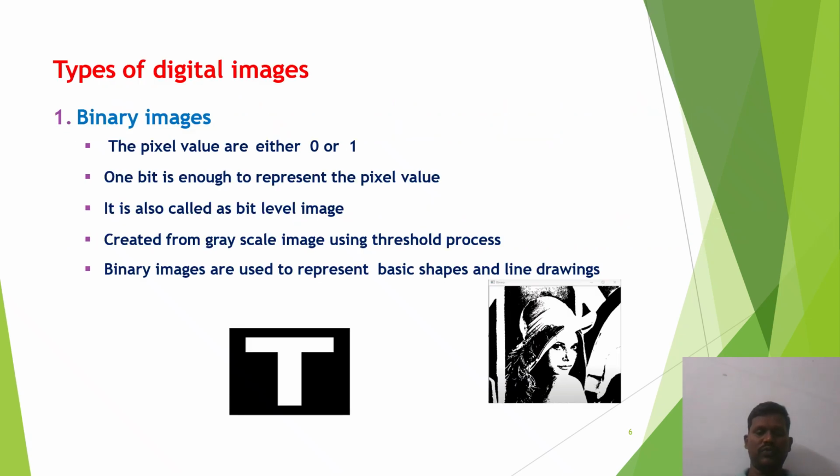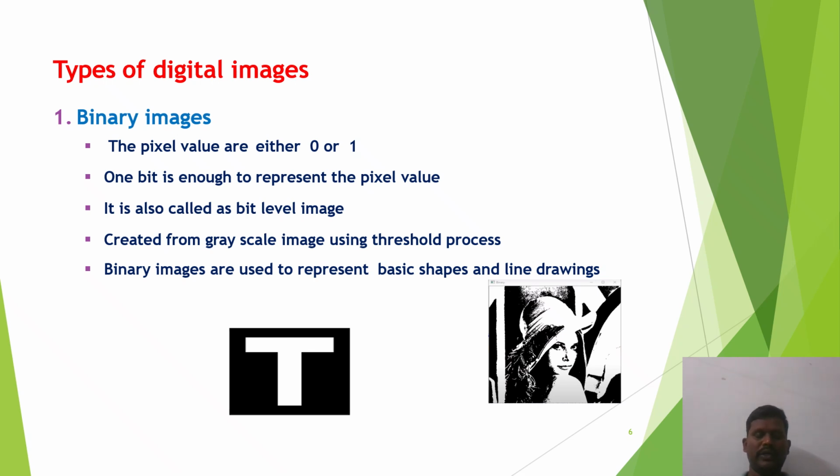First we go with the various types of digital images. The first is the binary image, where binary indicates the intensity values have two levels: one is the low level, the other is the high level. The low level is indicated with 0 and the high level with 1.